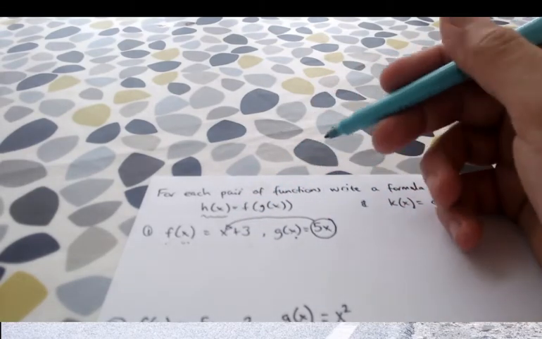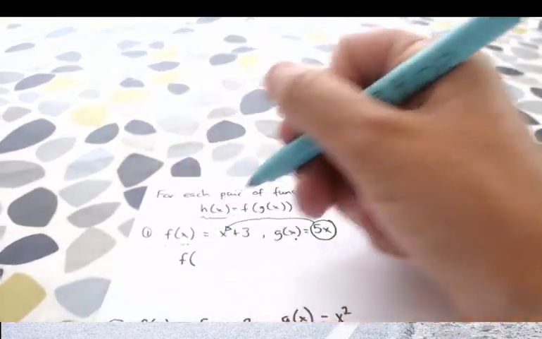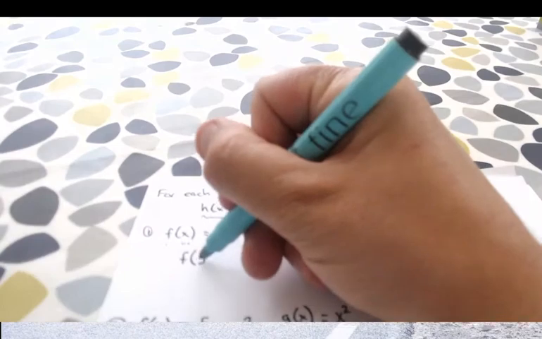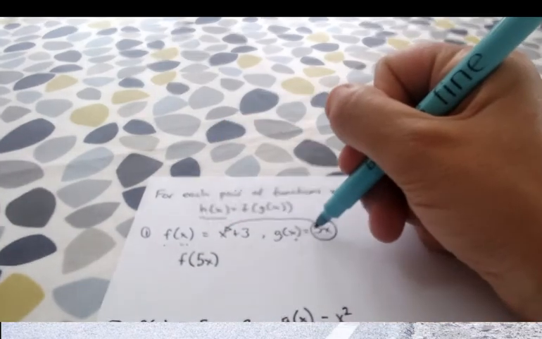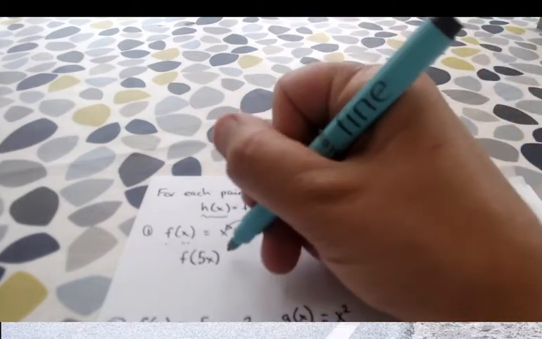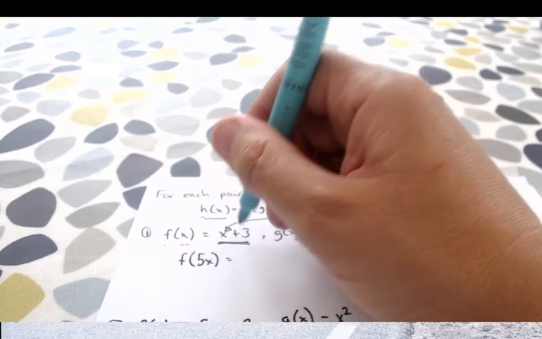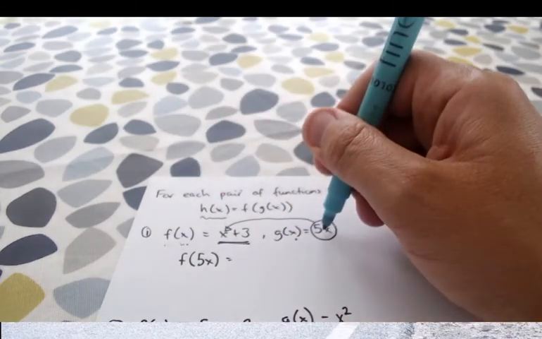Now, how I write that out is I would say, well, it's f of g of x, so I'm going to do f of 5x. This is what the g of x thing is, so that's how I would write out my next line. That's going to equal, now remember, I'm replacing the letter x with this thing here.